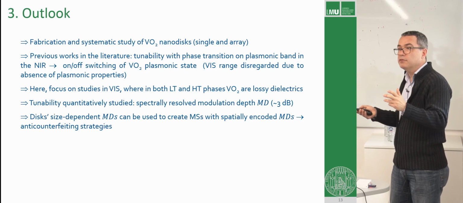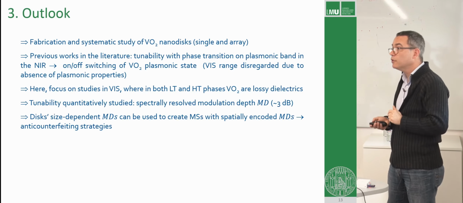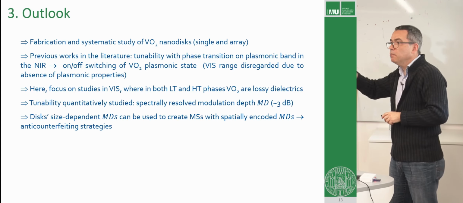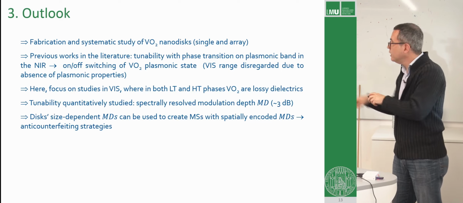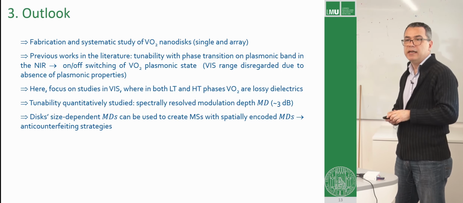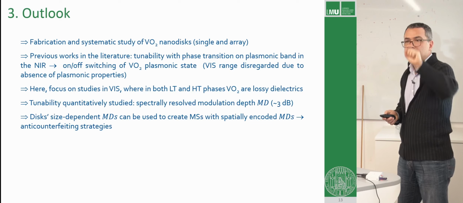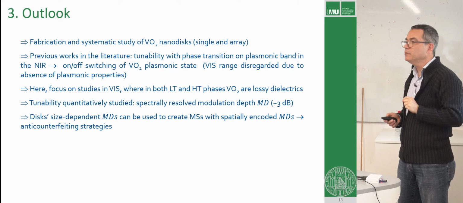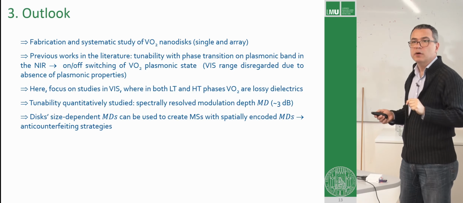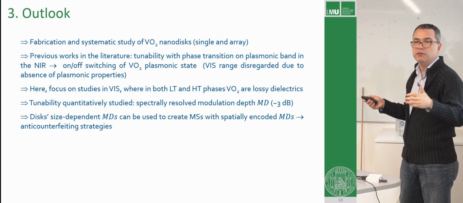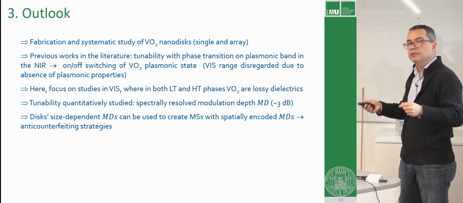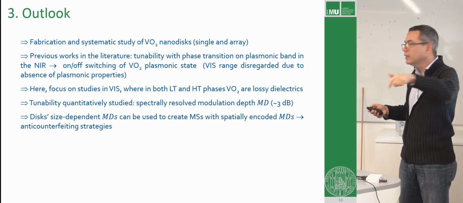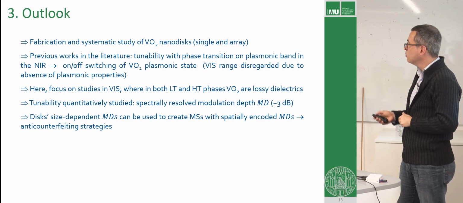If you have some material that can be heated up to 70 degrees or so, you can just record or print a metasurface with these disks at given positions, and then you know that the disk in the first row, third column is responding at this wavelength and so on. So if someone changes this product or device, you will know, because only you know where you put your nanodisk with which size and so on.